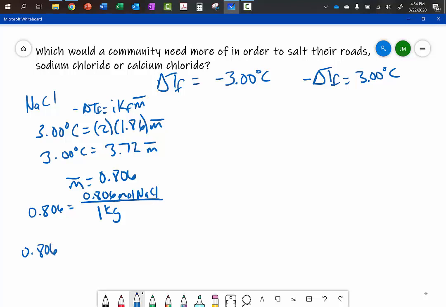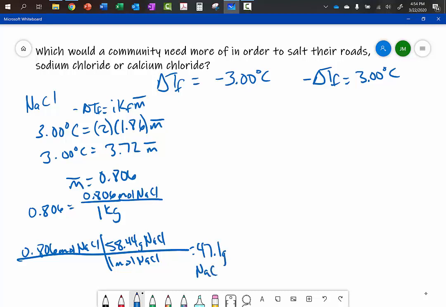So 0.806 moles of sodium chloride, and 1 mole of sodium chloride is 58.44 grams of sodium chloride. And this should give me 47.1 grams of sodium chloride. So what does this mean? It means that for every kilogram of solvent, I need 47.1 grams of sodium chloride to make this happen.